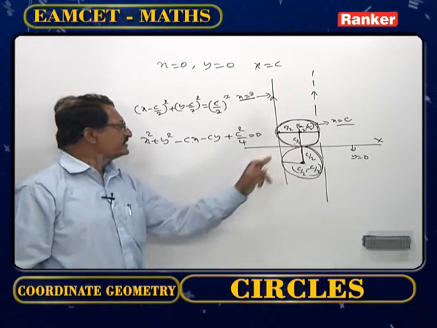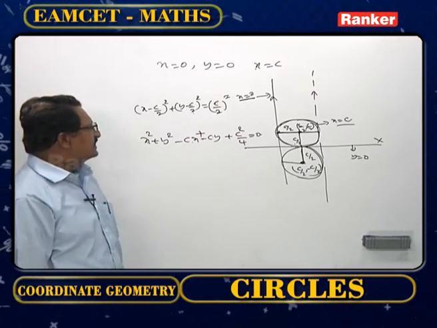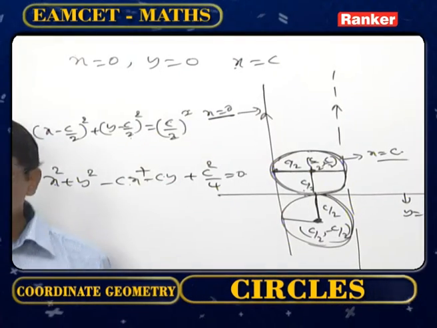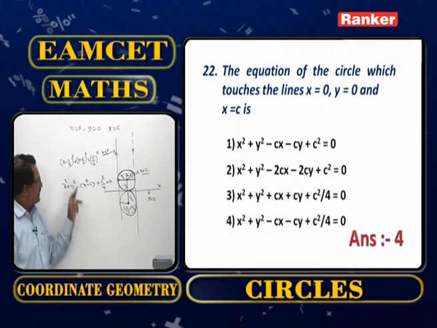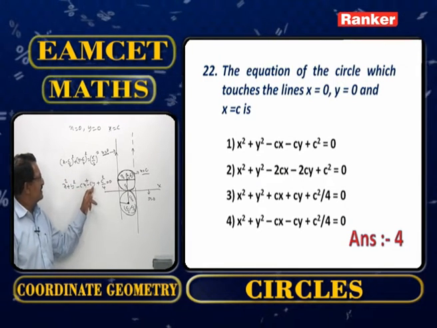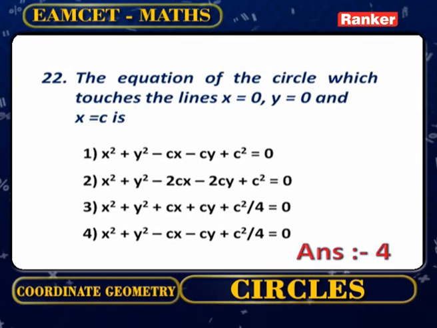Similarly, for the fourth quadrant circle, we get plus cy instead of minus cy. But only one circle equation is given in the options, that is x square plus y square minus cx minus cy plus c square by 4. The fourth option is correct.